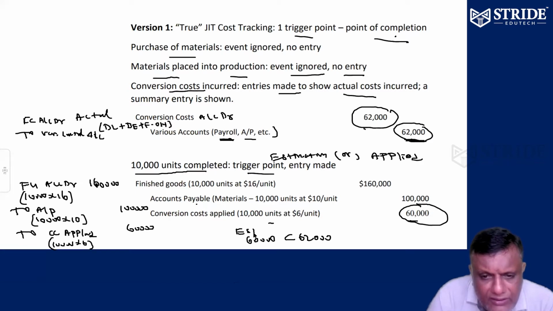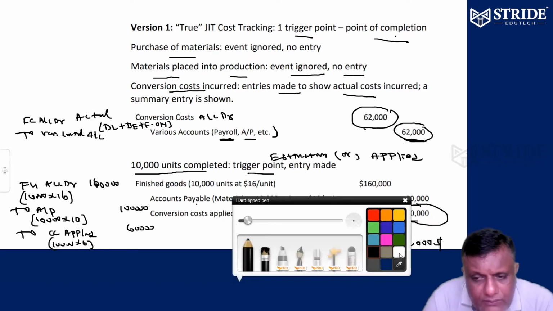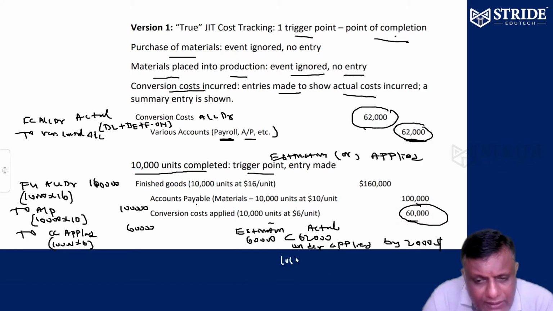Estimation is less than actual, so it is called under applied, by $2,000. We estimated the conversion cost to be $60,000, but actually it incurred as 62,000. Under applied means loss for us.